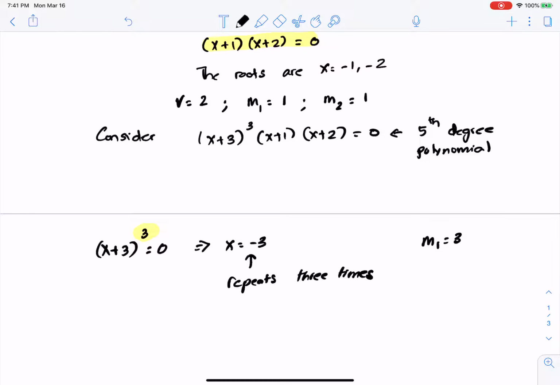And the next root that we have is x plus 1 equals 0, which would imply x is -1. m2 is simply 1. And x plus 2 equals 0, which would imply x is equal to -2. m3 is 1.